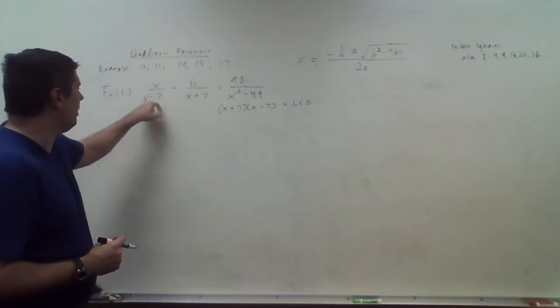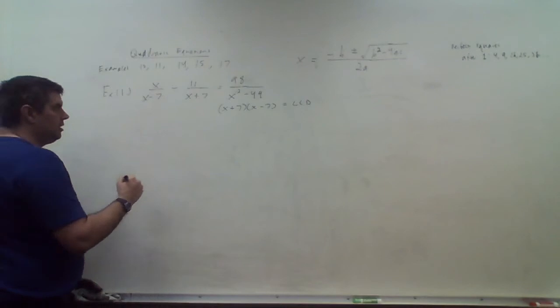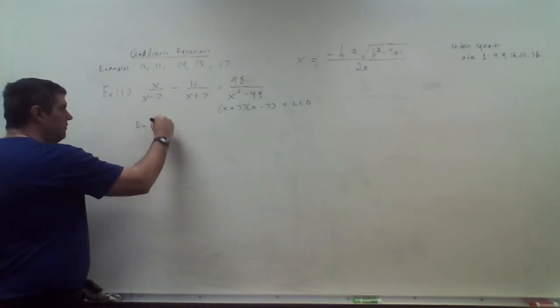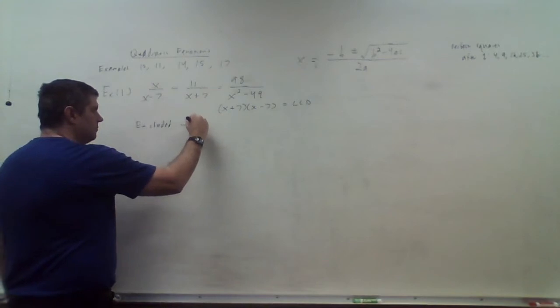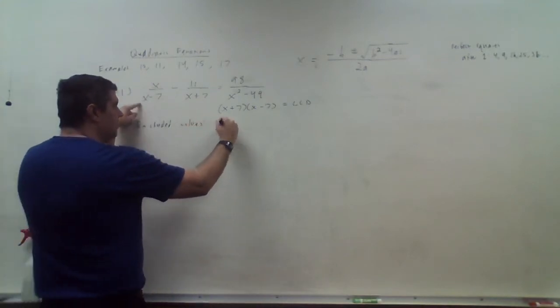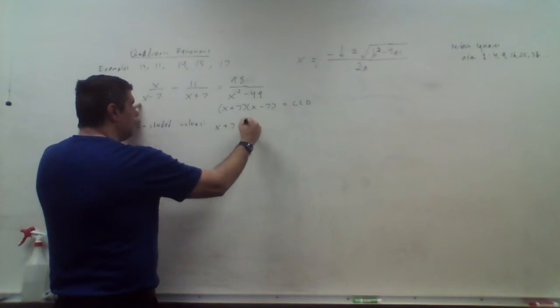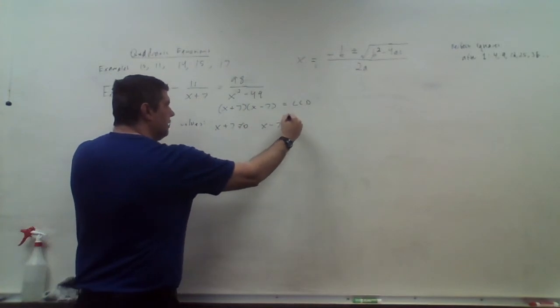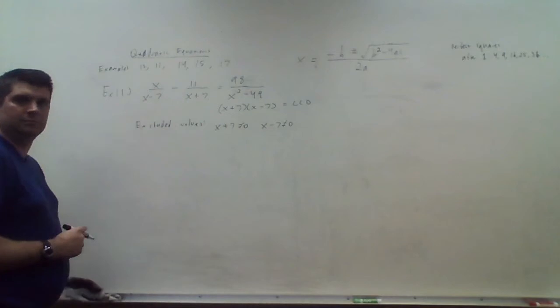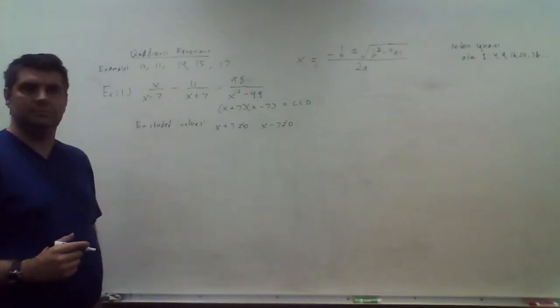This includes both other denominators. This equation will also have excluded values. X plus 7 cannot equal 0, and x minus 7 cannot equal 0.